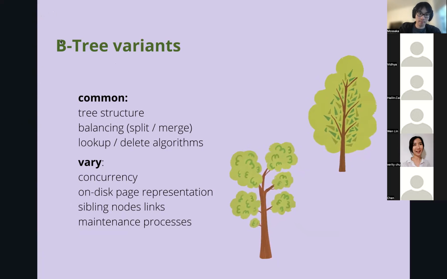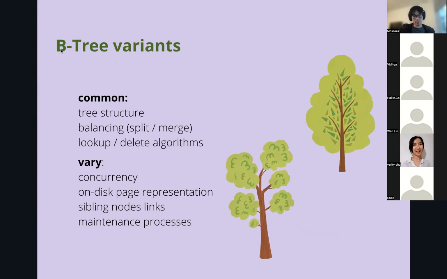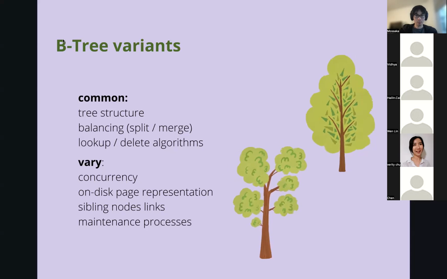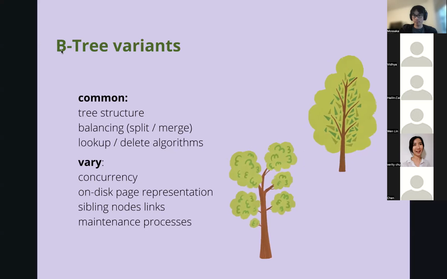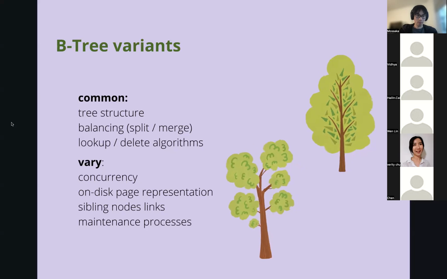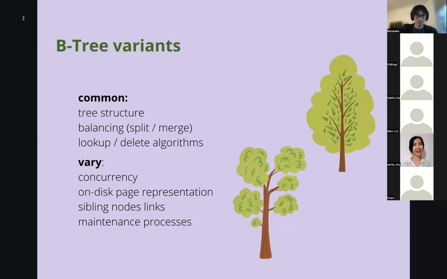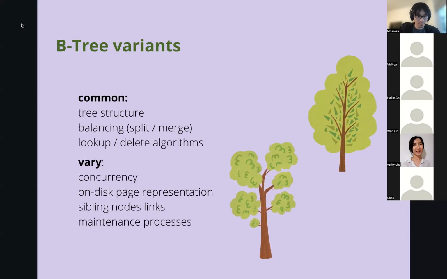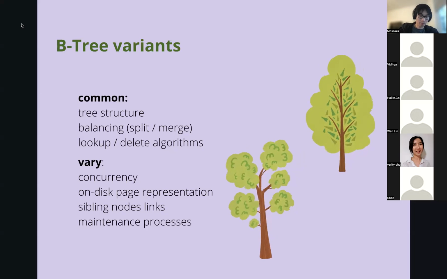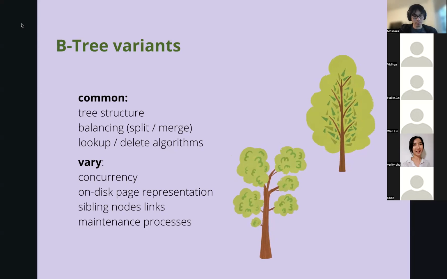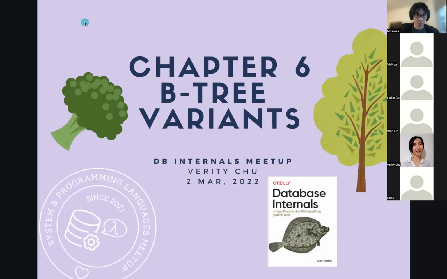However, different B-trees also differ in how they deal with concurrency, how they deal with on-disk page representations, and whether they have sibling node links. Maybe some do and some don't. And there's also the maintenance process difference. Next slide, please.